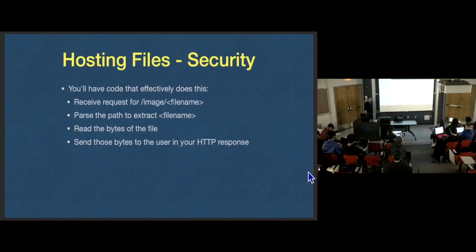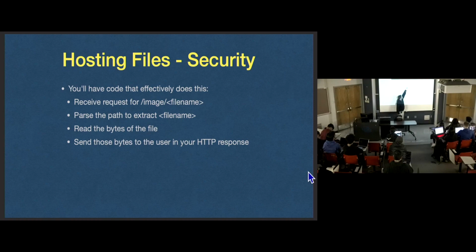But we have a problem with this. We have some path, /image/file name. You're going to read the path. You're going to say if method equals GET, if path starts with /image, or /public/image is going to be our case if you set it up the way I expect, which you can set it up any other way. But you're going to check for that path.